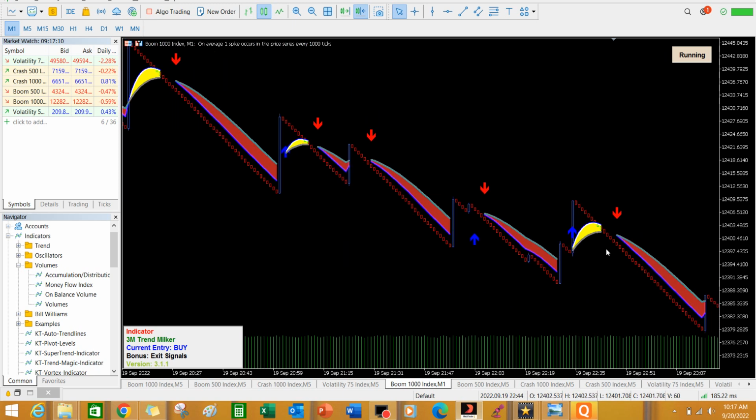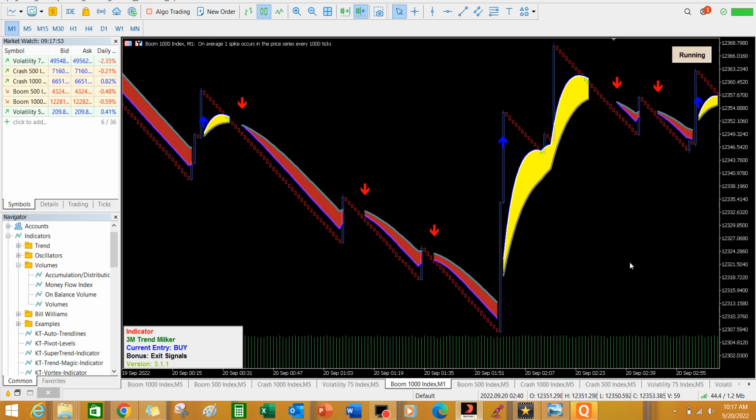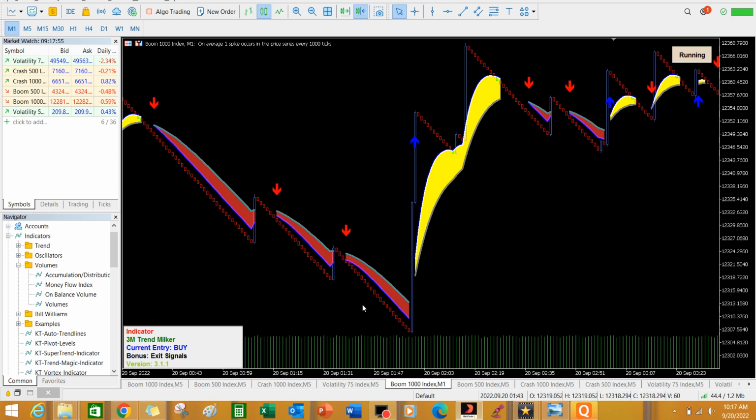So you can see that we hardly have spikes happening around here. The reason is the market is on a downtrend, which is not favorable for spikes at this point. But check out this. Around here the market went back on an uptrend, and you can see we had so many spikes happening around there, and most of them are even very long.